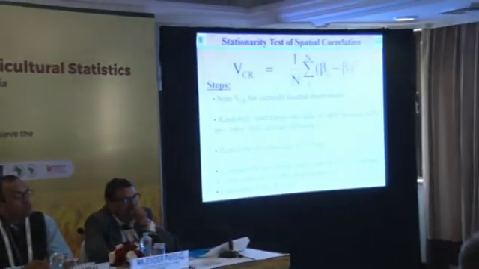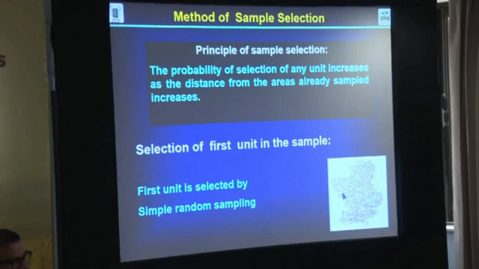So in this way, we divide the entire district or polygons into different groups. So this is the formula which we have used. So here beta is the spatial correlation for ith polygon, and beta cap is the mean of the spatial correlation.